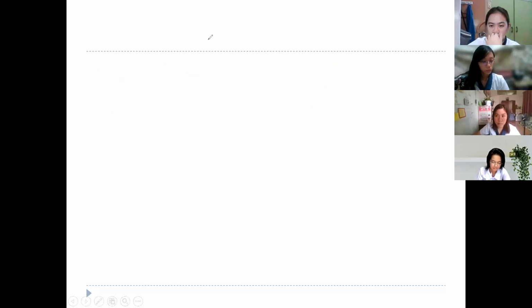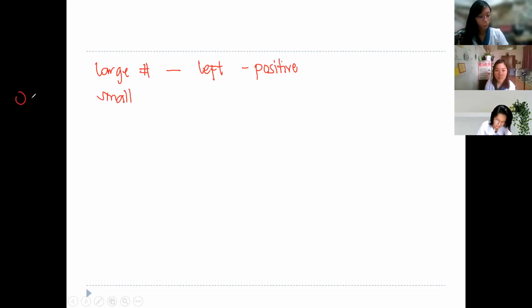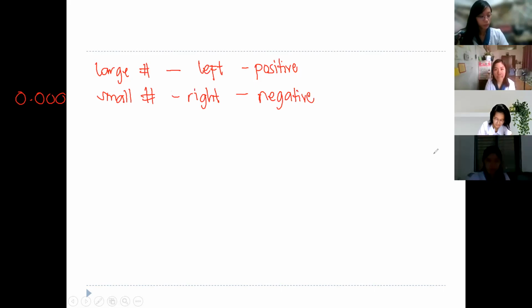Yeah, to the left. If it is a very large number, the movement is going to the left and the exponent is positive. But if it is a very small number, when I say small number, it has a decimal, the movement is to the right and the exponent is negative. That summarizes our guidelines.